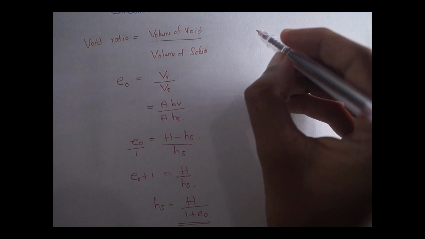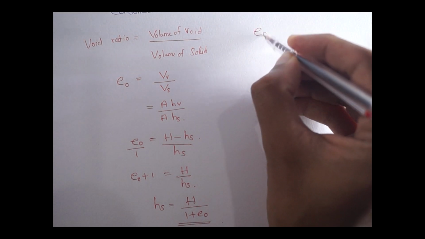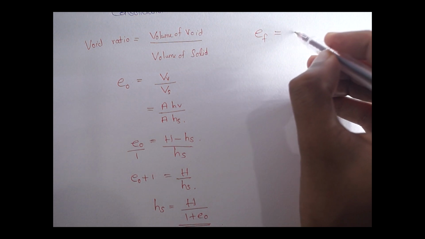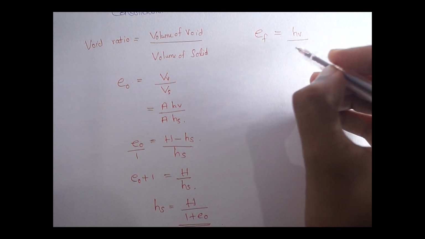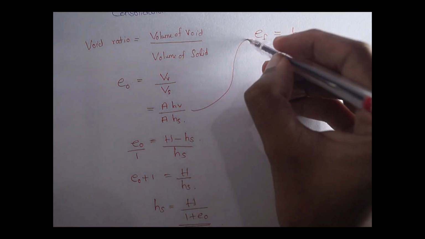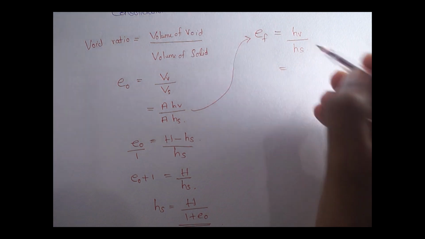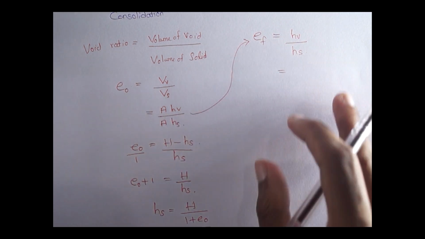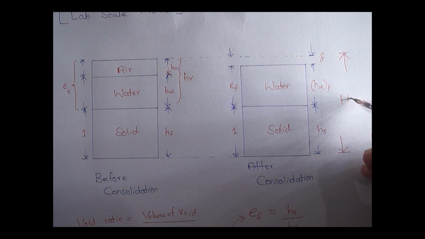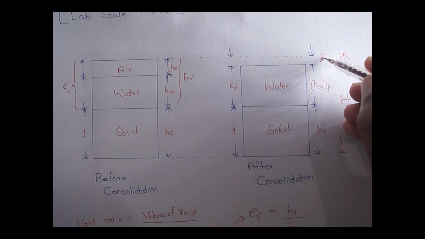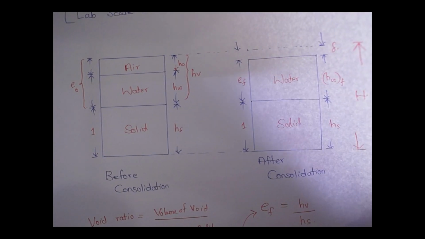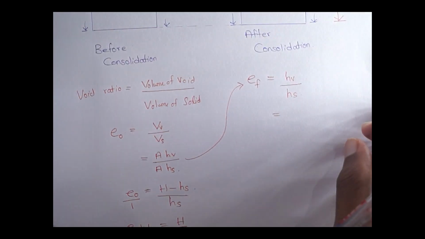After consolidation, the void ratio EF is equal to HV over HS. In this case, HV can be written as capital H minus HS minus delta, since this is the only void portion available.